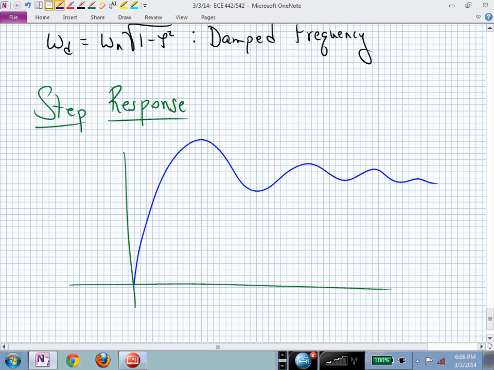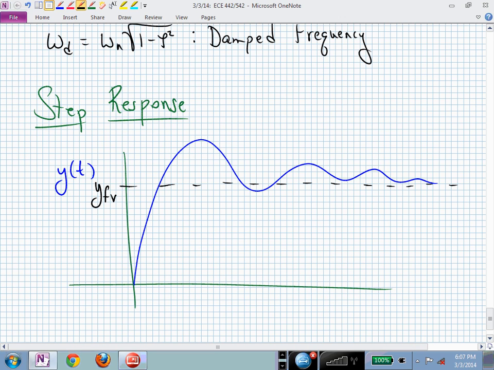And we can identify many different points on this. This is now y of t, the step response. Let's just assume, for generality, that this is the final value. In this case, it's going to be 1, but I'm just going to say generically we don't know.